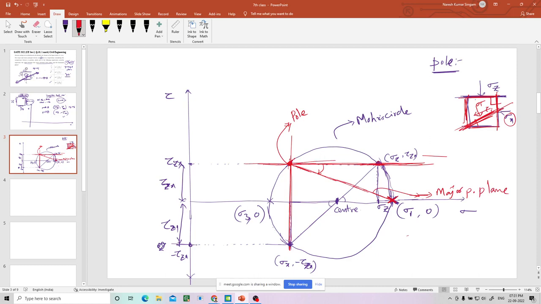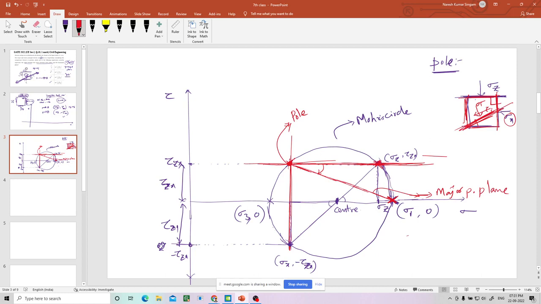Now, in reverse engineering, from the pole you have drawn a horizontal line and it is connecting sigma z and tau zx, because previously we have drawn a horizontal line from here. Now I will draw another horizontal line from here. Those two should coincide with each other.